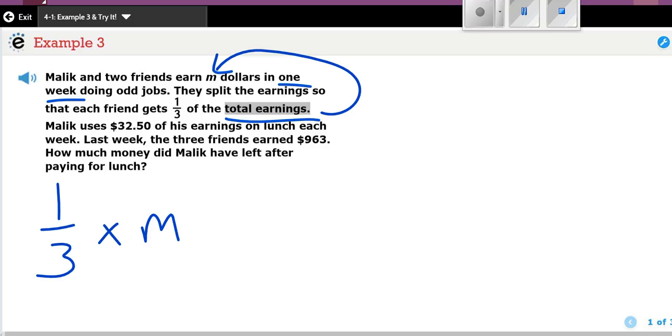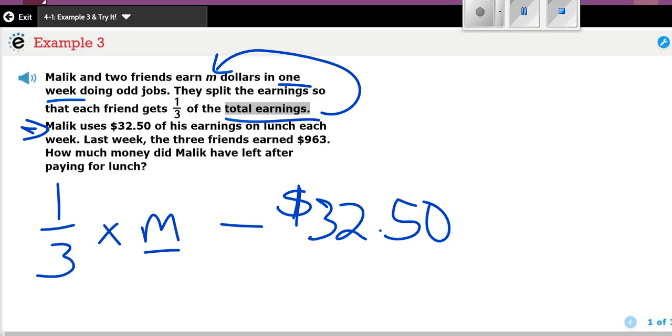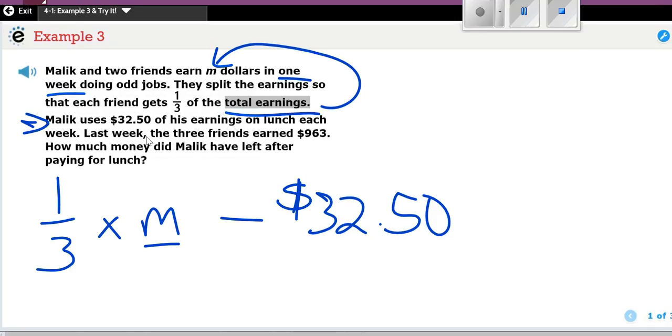Now Malik, the next sentence says, he spends $32.50 each week on lunch. So he's going to subtract that from his total earnings because he's spending it. With that idea in mind, it says last week the 3 friends earned $963. How much money did Malik have left after paying for lunch?